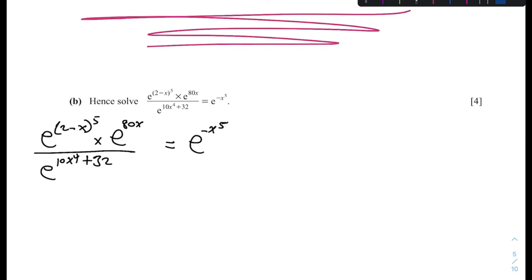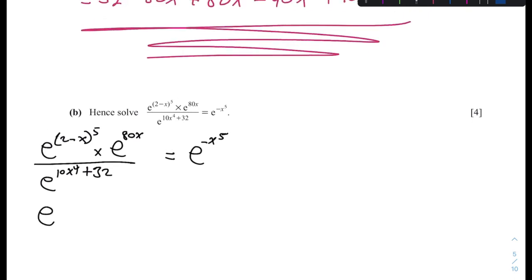You know that what can be done is to probably add their powers. So what do you get? You get e to the power 2 minus x to the 5th plus 80x.